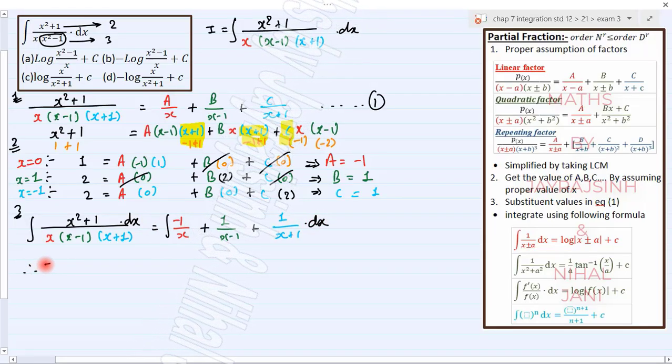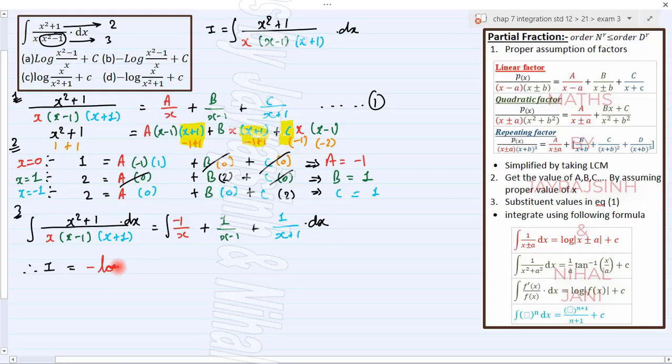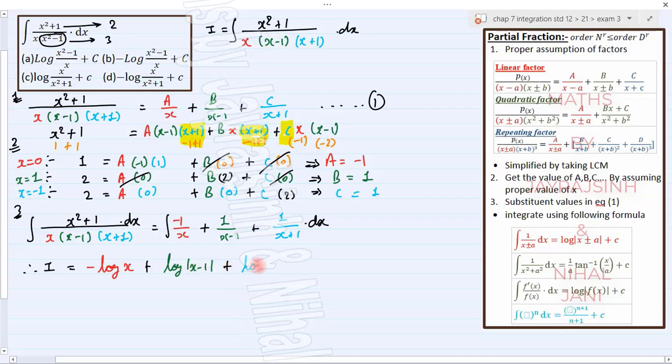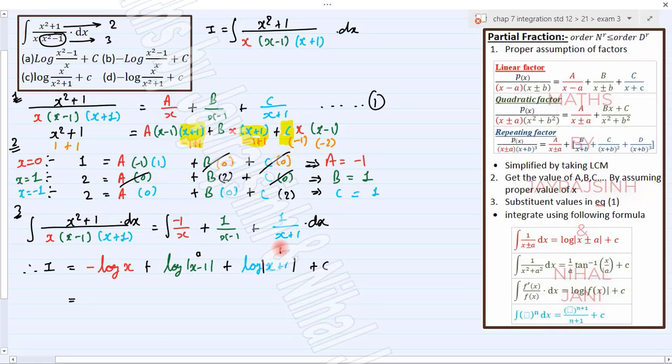So on the left hand side, we will get our I, and on the right hand side, integration of minus 1 by x will be minus log x plus log x minus 1 plus log x plus 1 plus c. Now, if we apply the properties of log, we will have log a plus b minus c.